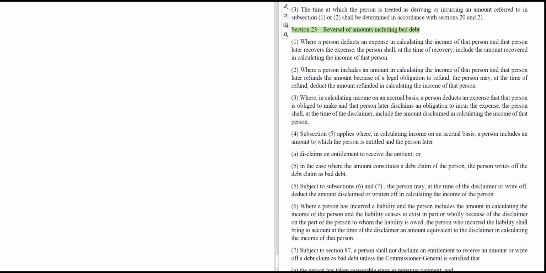That's all. Now, 2, where a person includes an amount in calculating the income and that person later refunds the amount because of a legal obligation to refund, you may, at the time of the refund, deduct the amount refunded in calculating the income of that person. Does that make sense? Look, I said you were owing me 5,000. I wrote it off as a bad debt, right?